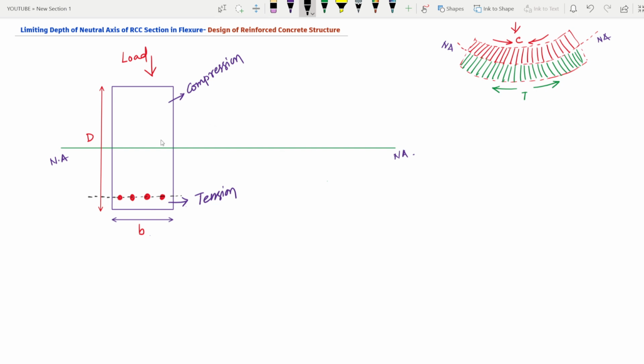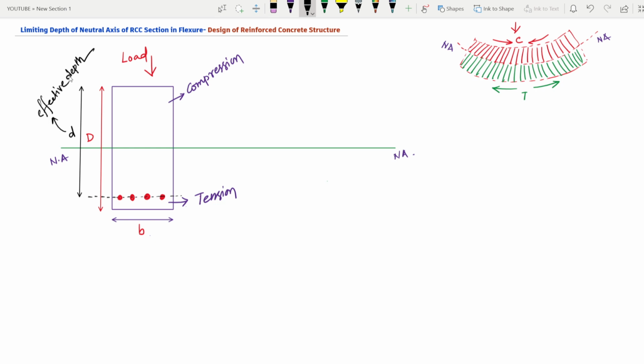If it is a fixed beam, obviously the top fibers will be under tension and the bottom fibers under compression, so the vice versa will happen. Just understand the concept that here the effective depth, if I take this line, will be this. It will be my effective depth, small d.